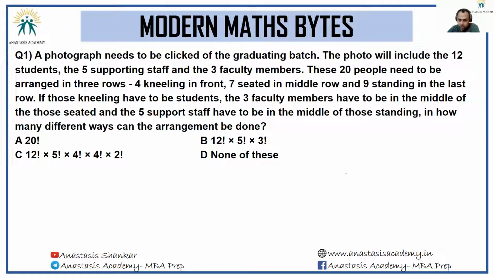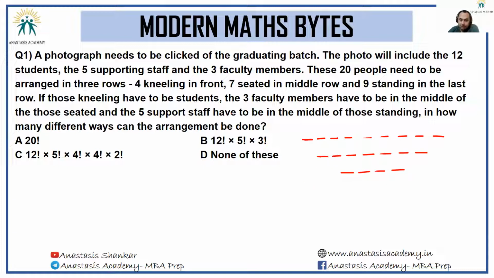Okay, so 4 sitting in front, and 7 in the middle row, 1, 2, 3, 4, 5, 6, 7, and 9 in the last row. Okay, we've got this.